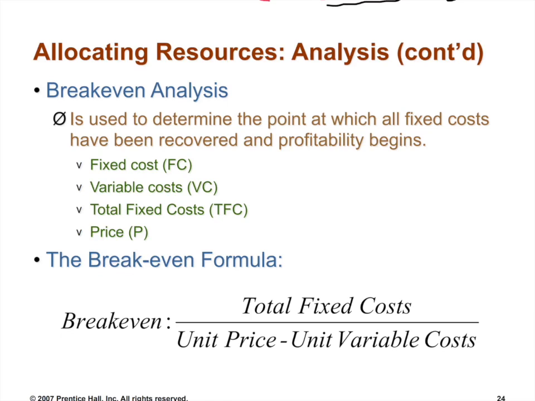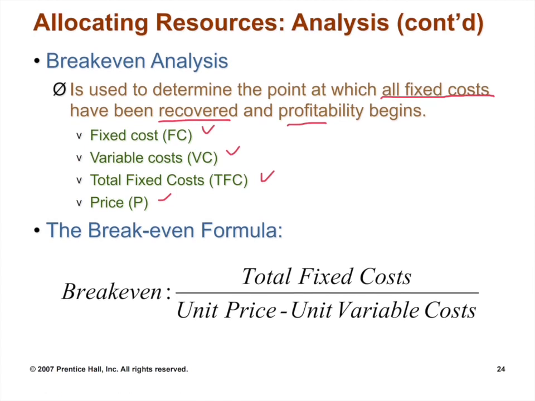Break-even analysis is used to determine the point at which all fixed costs are recovered by profit. So we have to compute the fixed costs, the variable costs, the total fixed costs, and then the price. It must have the price. And we can calculate the break-even formula.